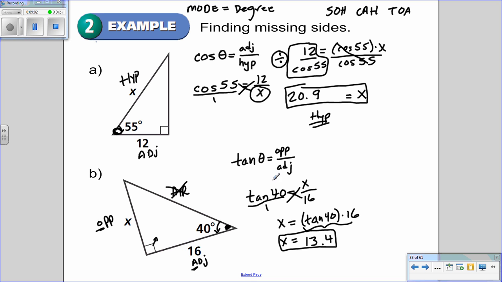When we come down here to example B, our unknown, our x, was on the top of the fraction, and that told you to multiply when you did the math. So have a general idea of when do you multiply and when do you divide. Again, division is when x is on the bottom. Multiplying is when x is on the top.